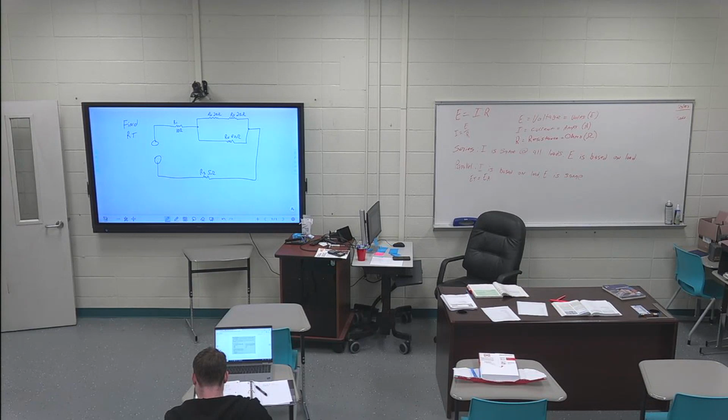So it's this one. Correct. So go ahead and write down, start on a new sheet of paper. Write down your resistance total equation for 3 resistors.